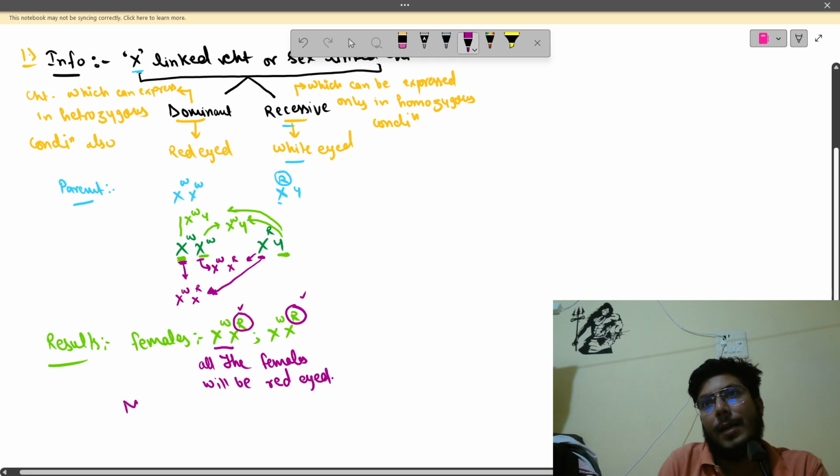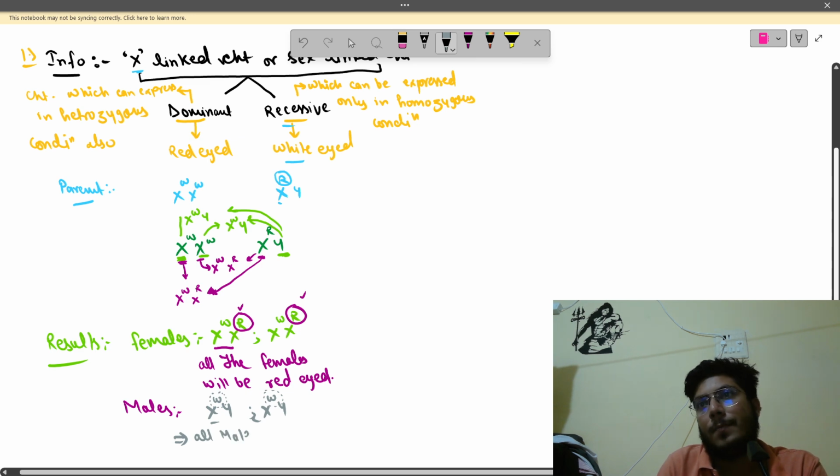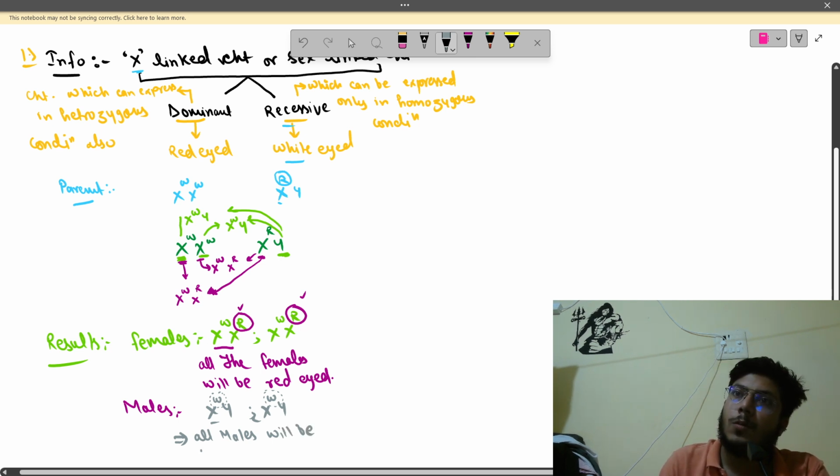Now the result for the males, I will use a different color over here. For males, we have the genotype XWY, and the other male is also XWY, which means both males carry a recessive allele on their X chromosome, which ultimately means all males will be white-eyed.